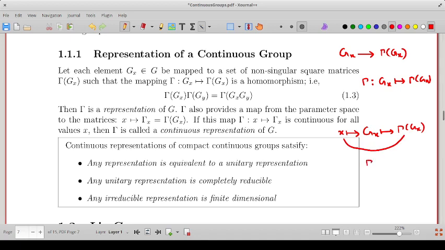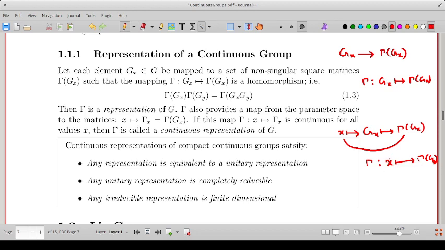This map may also be represented by the symbol gamma from a point in the parameter space onto gamma Gx. Now X is the parameter space and gamma Gx is the space of non-singular square matrices.